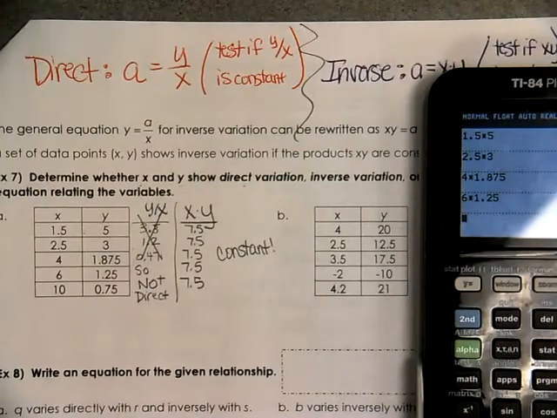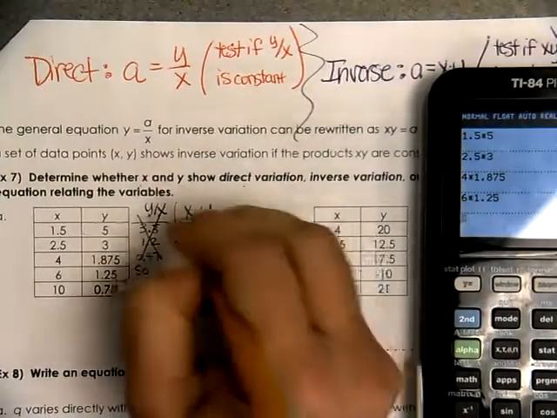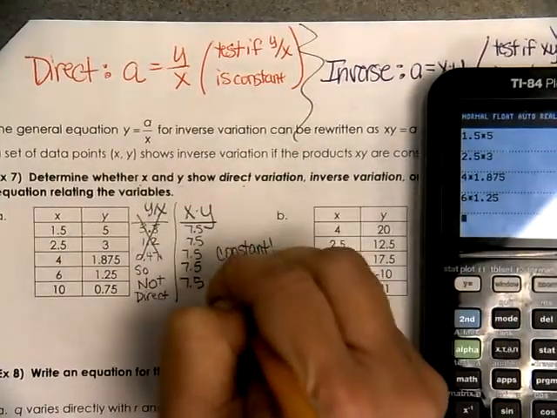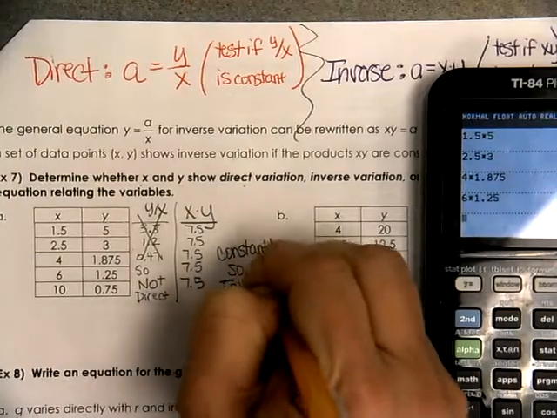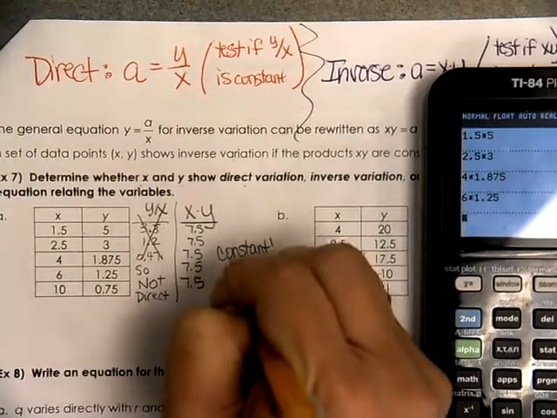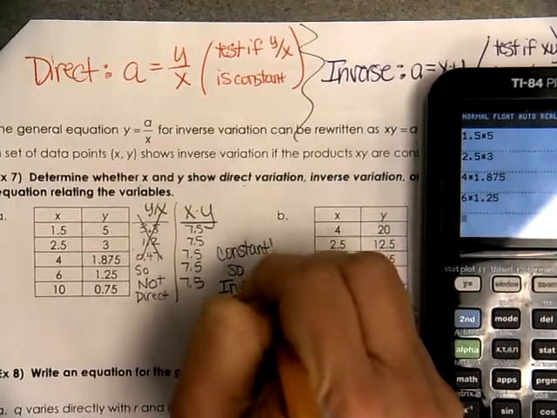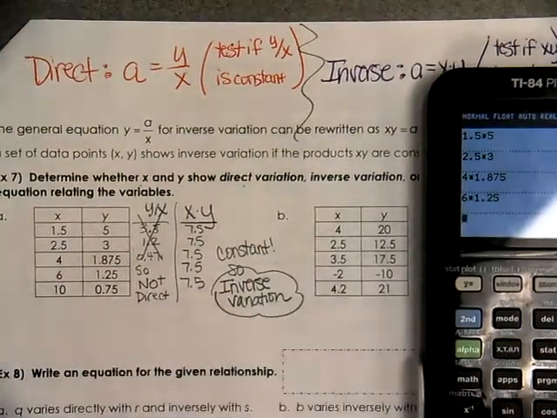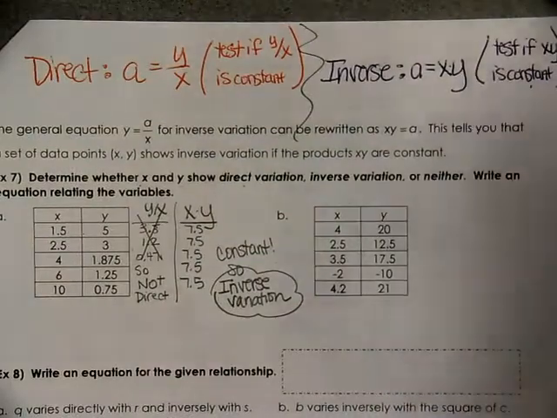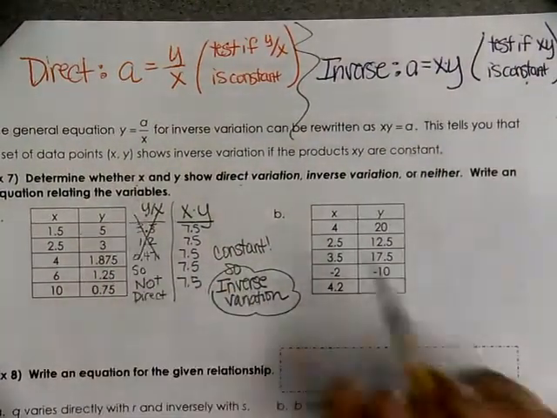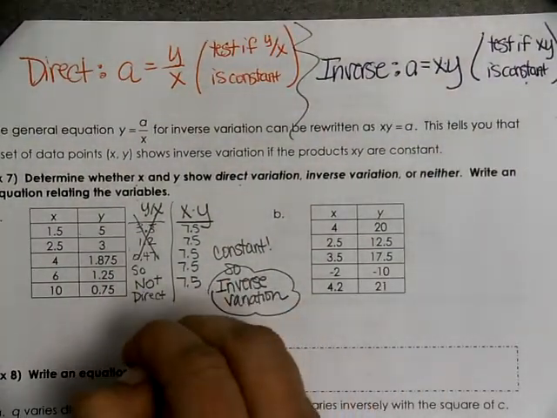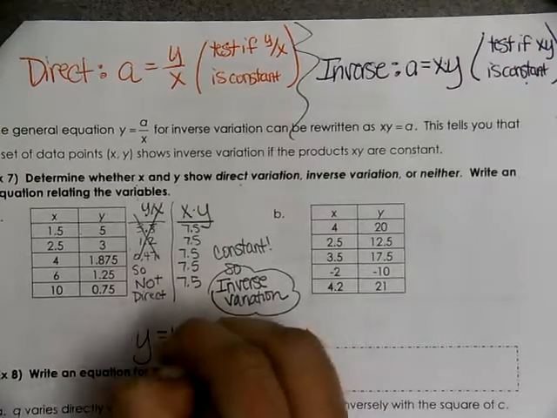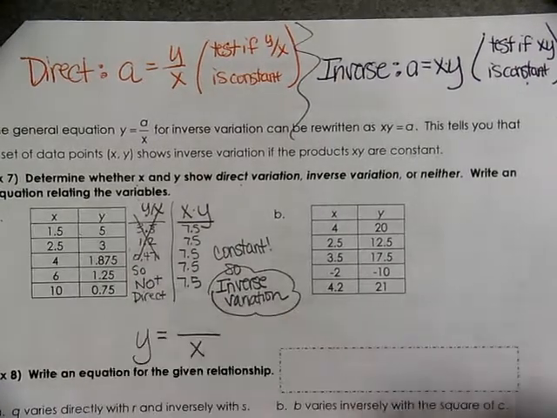Okay? So because it was constant, because x times y was constant, that means that it's going to be inverse variation. So we've decided it's inverse variation. But now it wants us to write an equation relating the variables. Well, we know that inverse variation equations are y equals a over x.